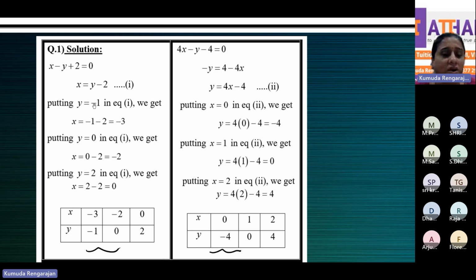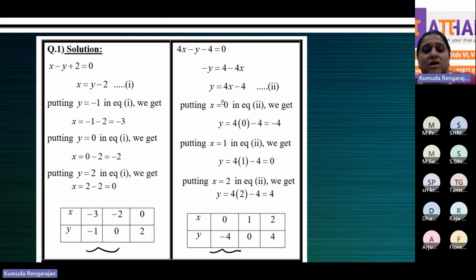So when y is -1, x is -3. Write that carefully: x is -3, y is -1. Be careful, write the x value against x and the y value against y. Sometimes we write the y value for x and the x value for y. That's how we go wrong.